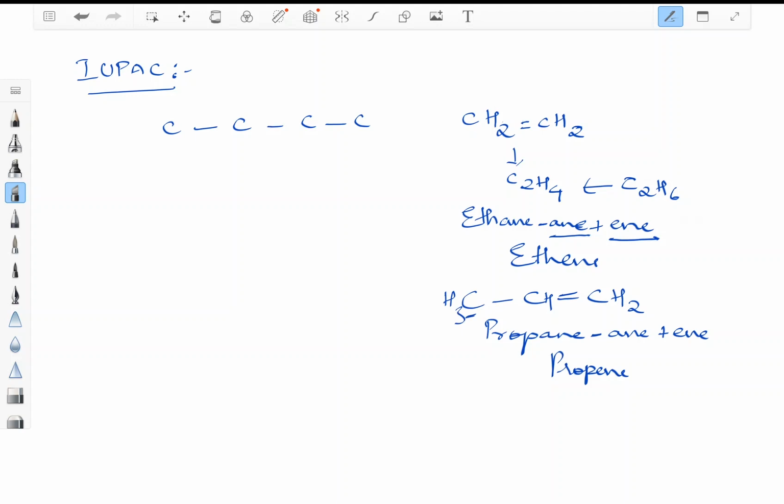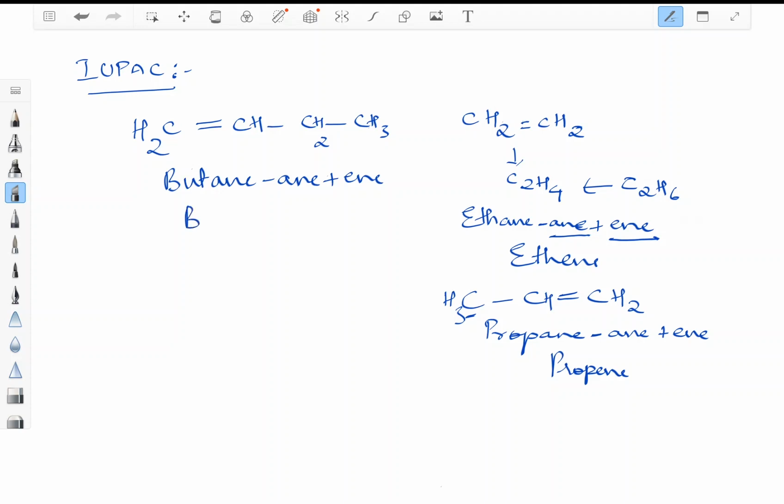Here, for example, if I am having a double bond here, CH2, CH, CH2, CH3. If there is no double bond here, the name was butane, but when the double bond comes, ANE is removed, ENE is added.